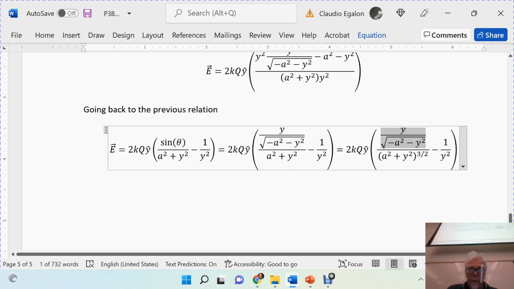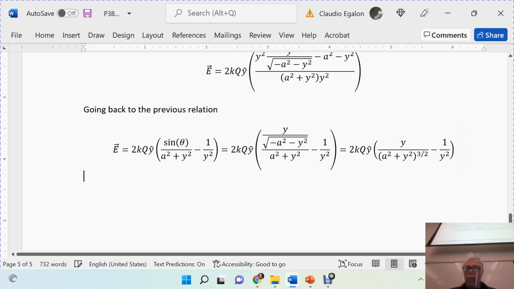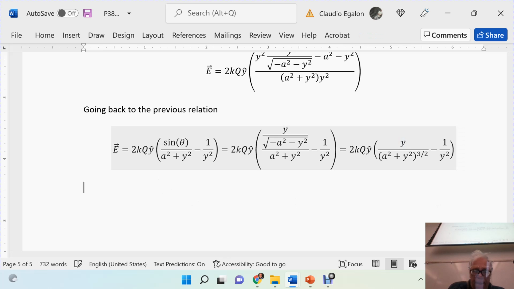Here you go. And now we do an approximation for y much greater than a. Sometimes we have to do the approximation. In this case, we have to. Okay, and you're going to see an interesting result.